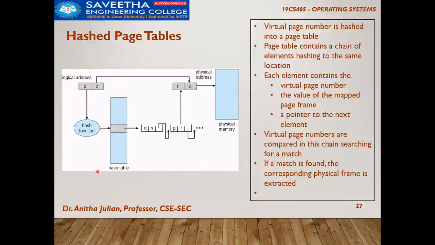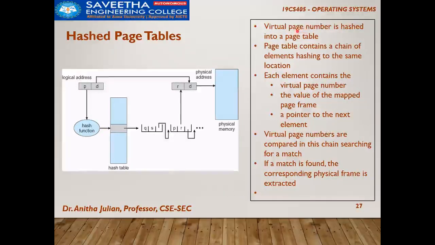A hash table and hash function are available, and you can hash and find the correct value, and that will be passed on to the frame, and that will locate the physical address. So this is the third method by which we are able to find out where the page table is.